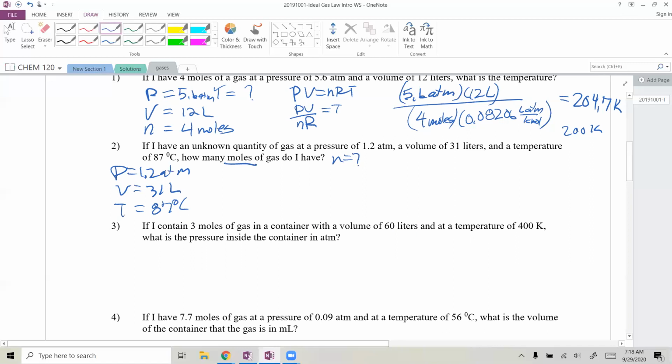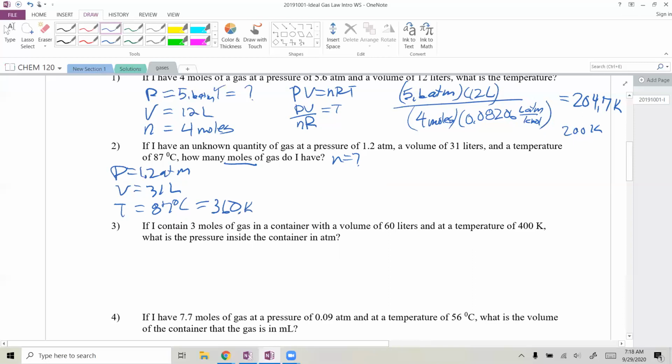Now, when I look at this, my pressure is in atmospheres, so that's good. My volume's in liters, but my temperature is in Celsius. And so I need to get that over to Kelvin. So I add the 273 to it, and so that becomes 360. Kelvin. You can put a dot there, so that way we know that that one's significant.